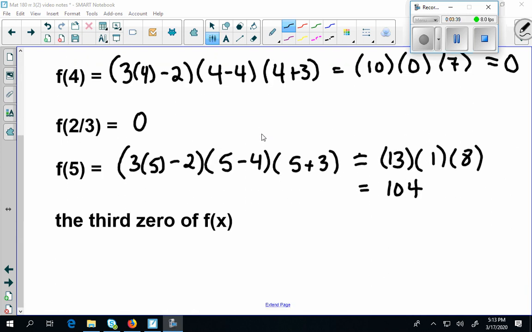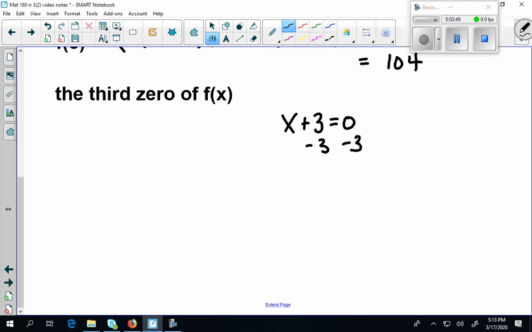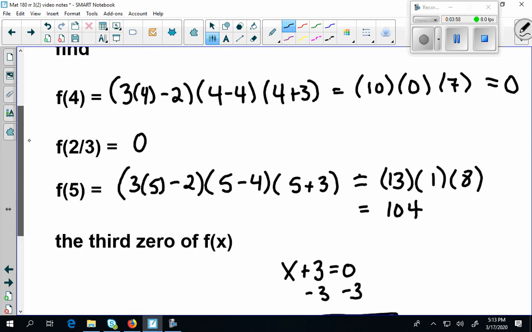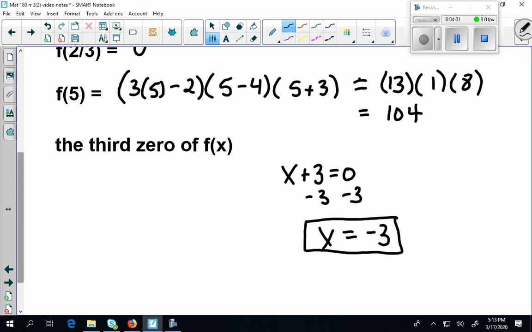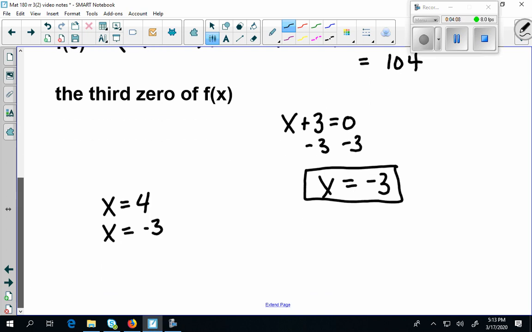If I set x plus 3 equal to 0 and solve for x, I get x equals -3. So those are the zeros of this function: whenever x is 4, -3, or 2/3, the function takes the value of 0.